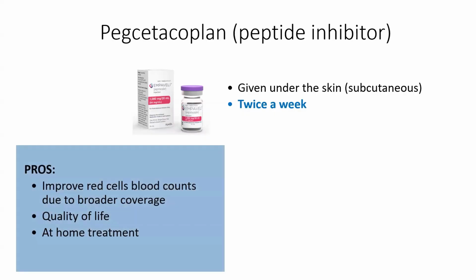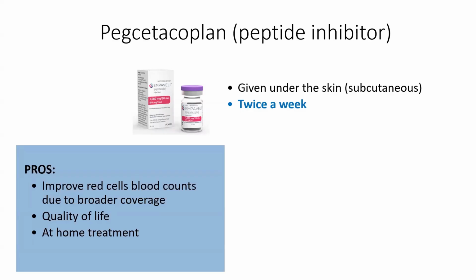So the benefit is that it improves the red cells, and you could argue it improves the red cells better than ravulizumab or eculizumab because it's going broader, but it's only for folks who meet this criteria, who need that broader coverage. It's giving you back a little bit more quality of life because you can self-administer at home. You're not committed to an infusion center or a cancer center, and you can take these products with you anywhere you travel worldwide.